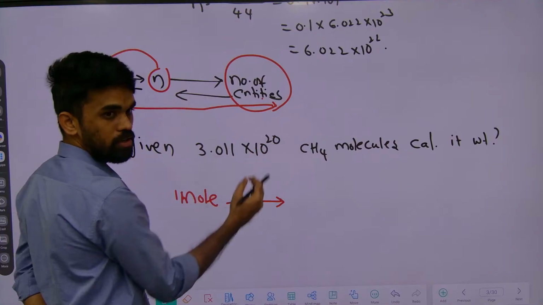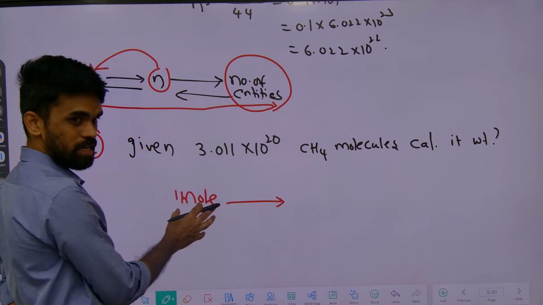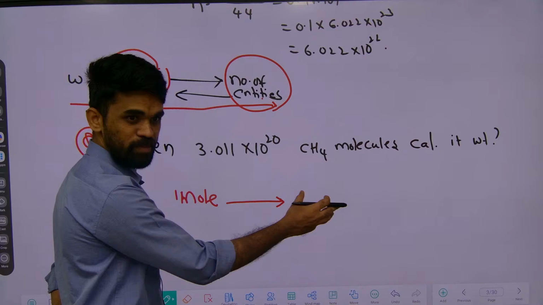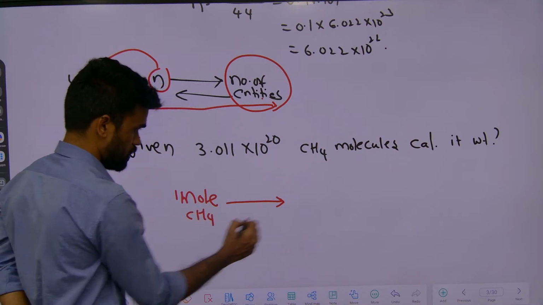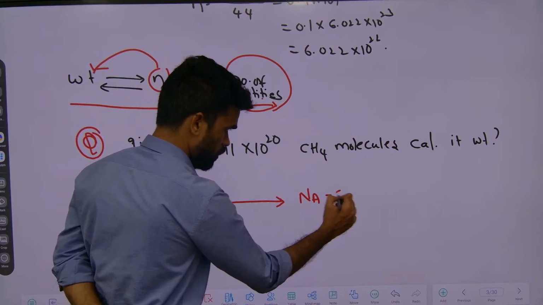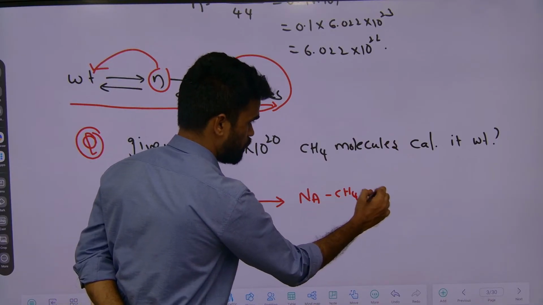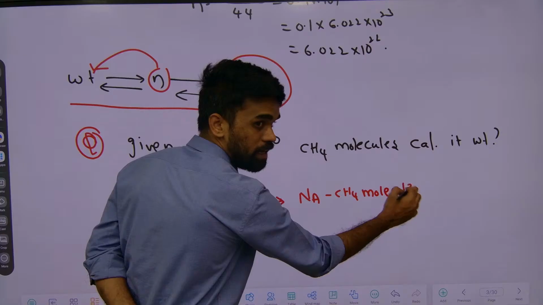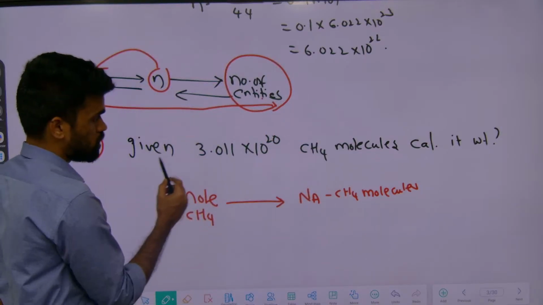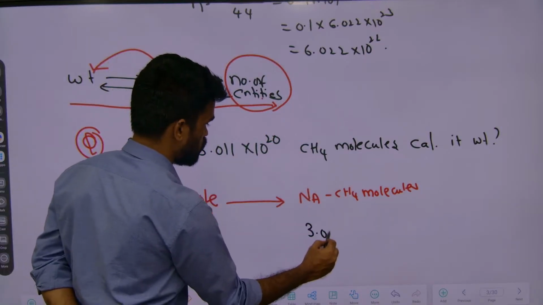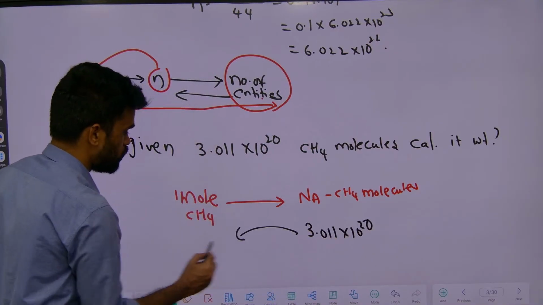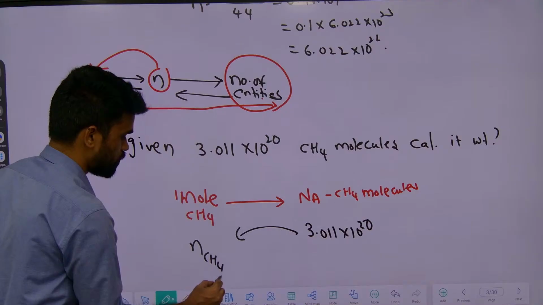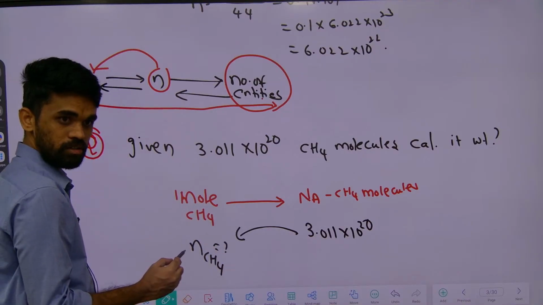Like how many molecules? 1 mole of any substance contains Avogadro number of particles, Avogadro number of molecules, you can say. 1 mole methane means Avogadro number of methane molecules. That big number we will write later. First you write like this. Next, the given question contains 3.011 into 10 power 20. So how many moles is it? This is my question now.